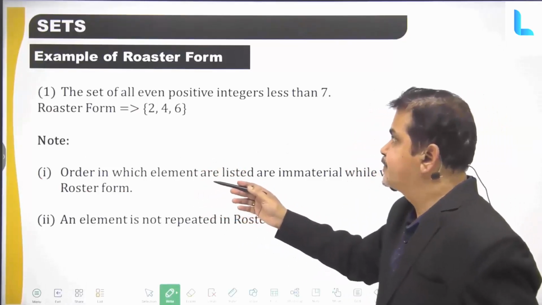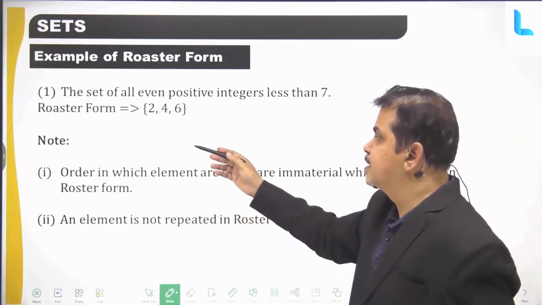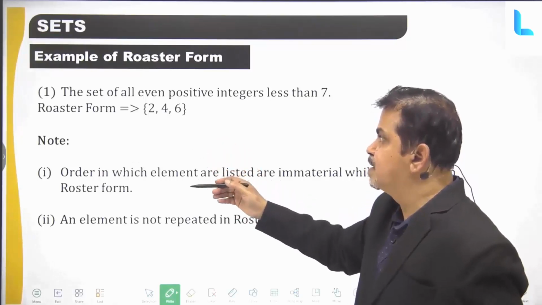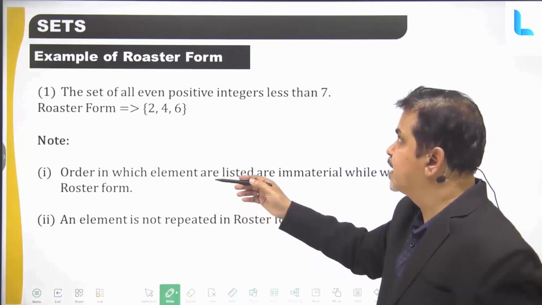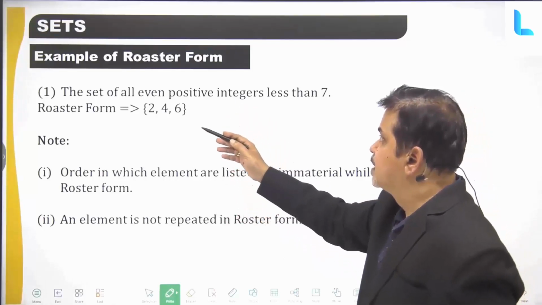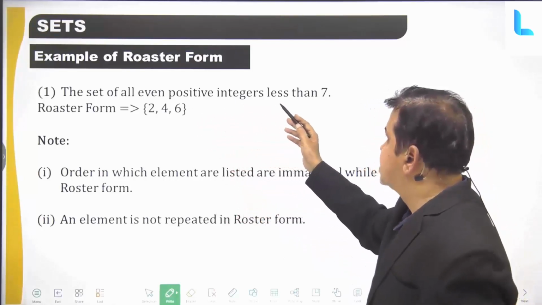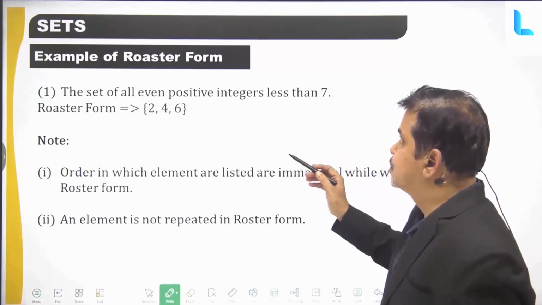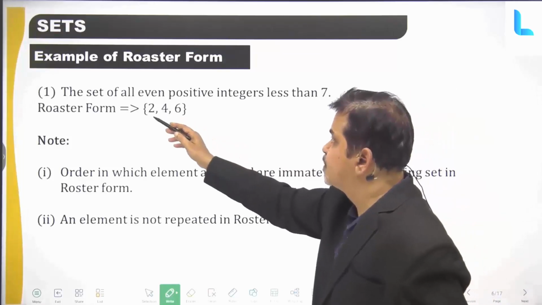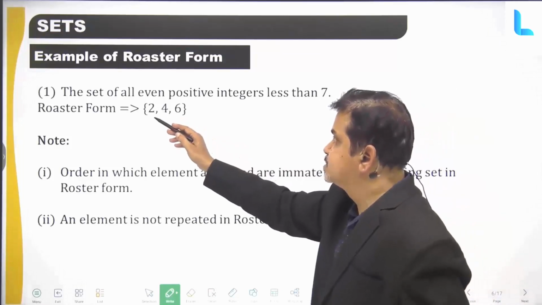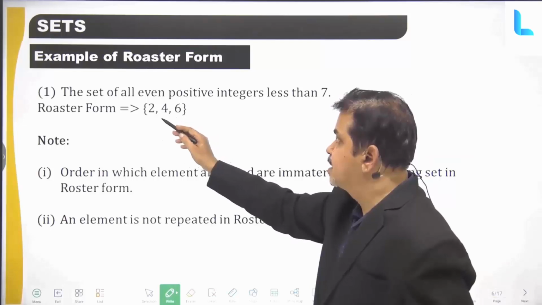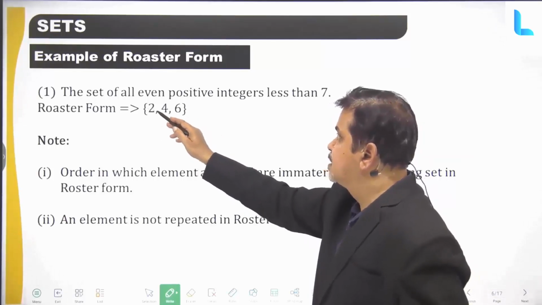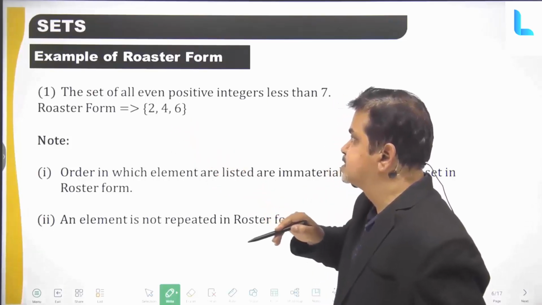Now, after having defined the roster form and the set builder form, we will take one example of a roster form: the set of all even positive integers less than 7. We can write this in brackets, as we have seen how to represent a set in the roster form by two braces with the elements separated by commas.